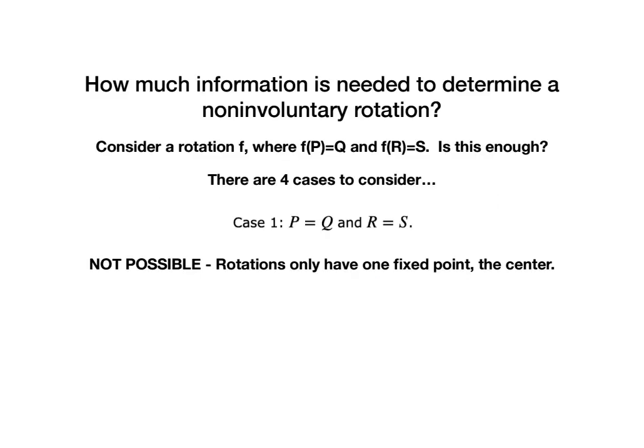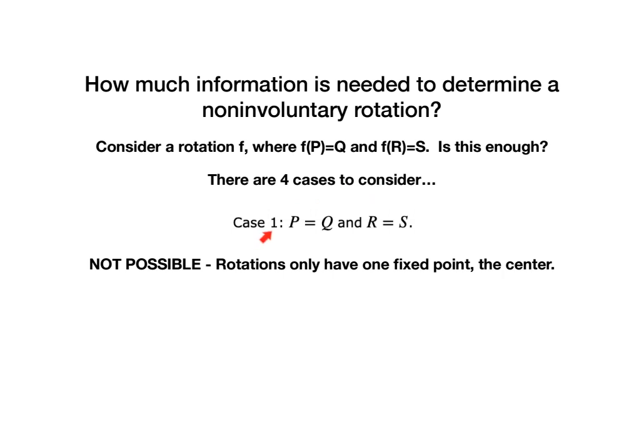This begs the question, how much information is needed to determine a non-involutory rotation? In other words, a rotation that is not a half turn. So we're going to consider a rotation F, where F of P is equal to Q and F of R is equal to S. And we're going to ask, is this enough? Well, there are 4 cases that we need to consider.